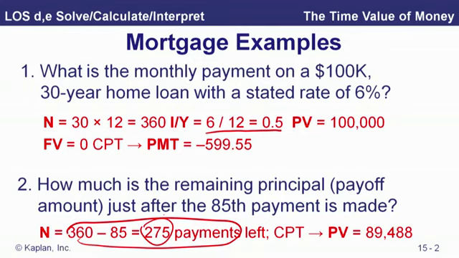So now we're just going to solve for the present value at the end of the 85th month with 275 payments left. So now we're still in end mode, so that's fine. We compute the present value and say the outstanding balance after 85 monthly payments is $89,488.